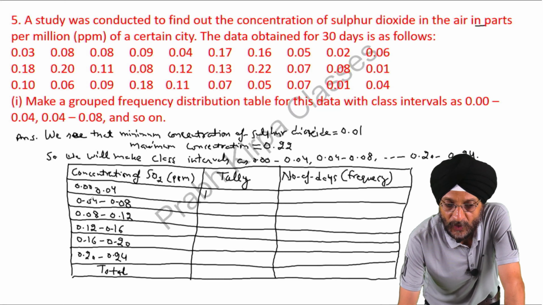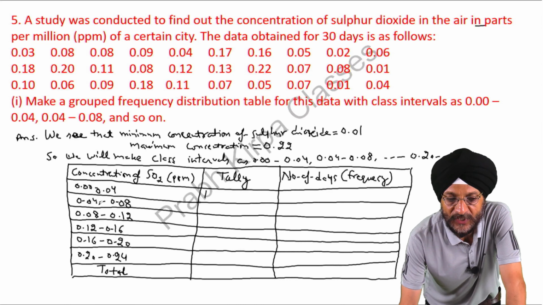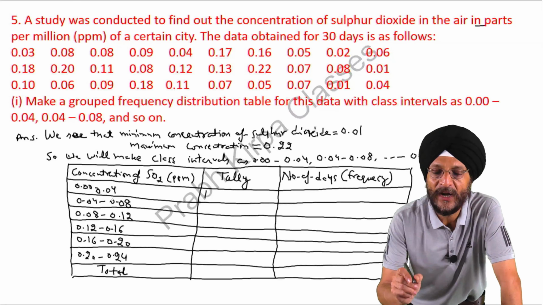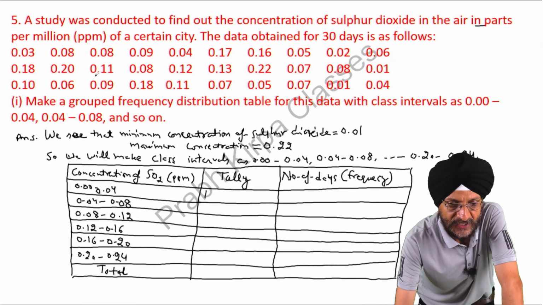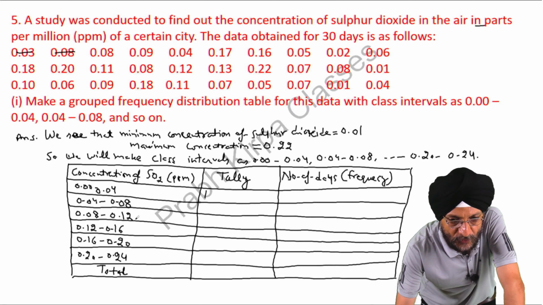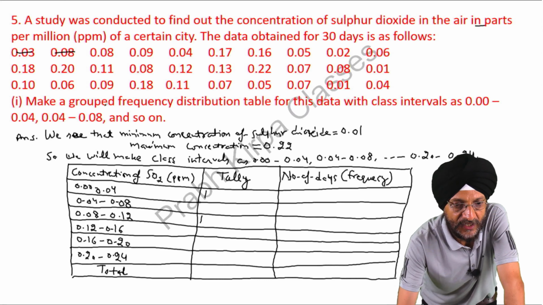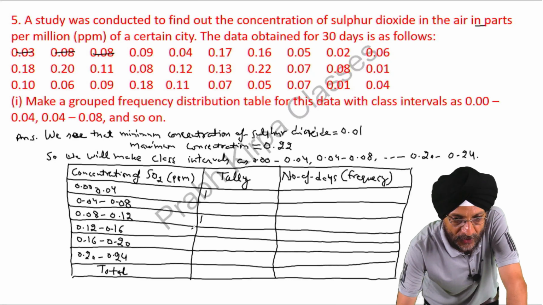We are here to count only those entries which are equal to 0.04 up to less than 0.08. So the first entry we have counted, next is 0.08. 0.08 we will count here in this class interval. Next it is again 0.08.